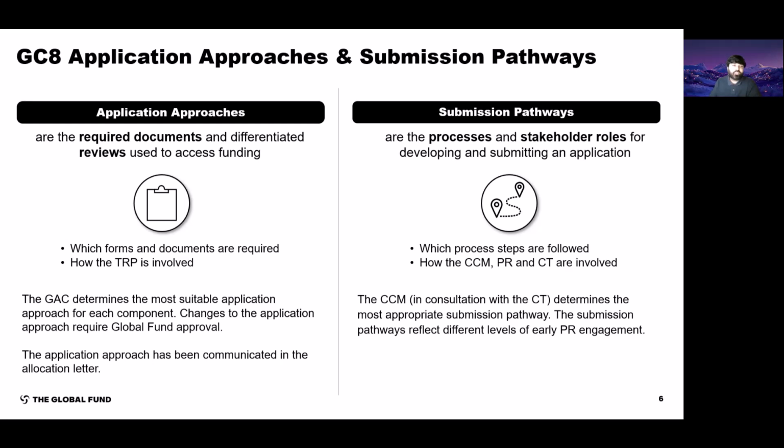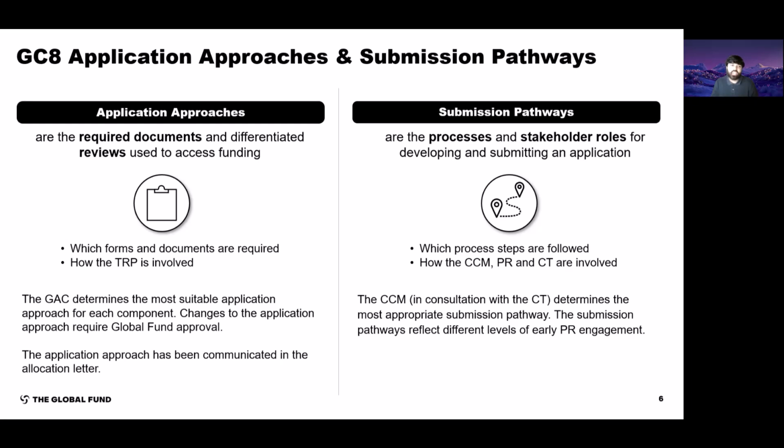So to move ahead, we first wanted to talk about, in GC8, the difference between application approaches versus submission pathways. Now, application approaches refers to the required documents and the differentiated TRP review used to access funding.